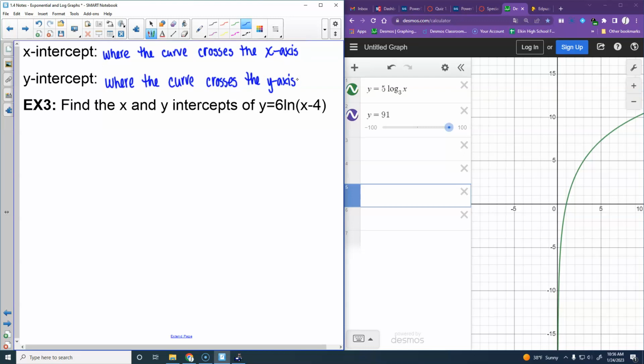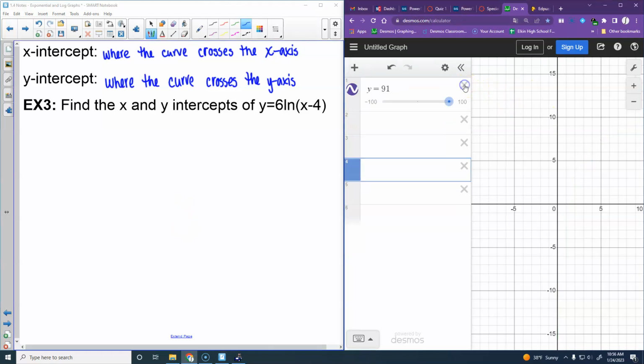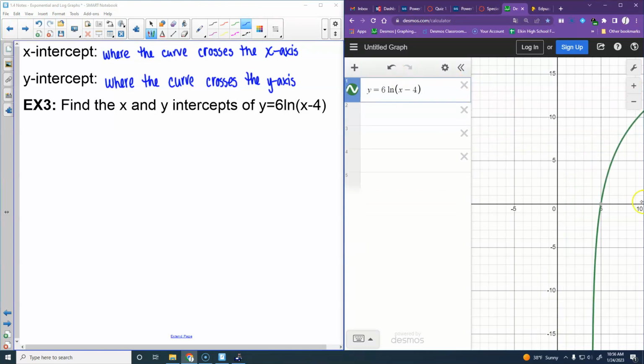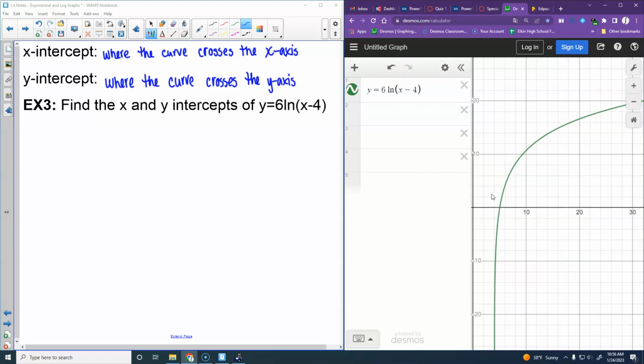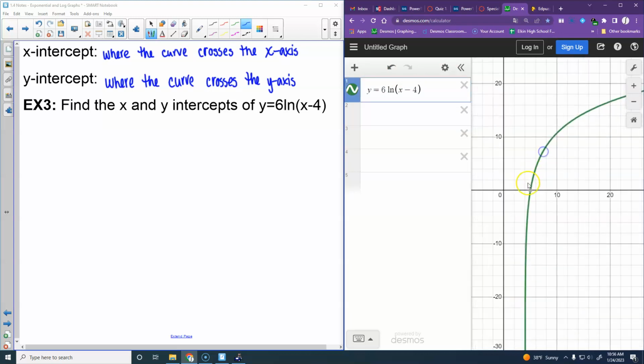Now, with a Desmos graph, it's very easy to find. You're just going to type in y equals 6 natural log of x minus 4, and you can just graph this and see your intercepts. This particular problem only has one intercept.